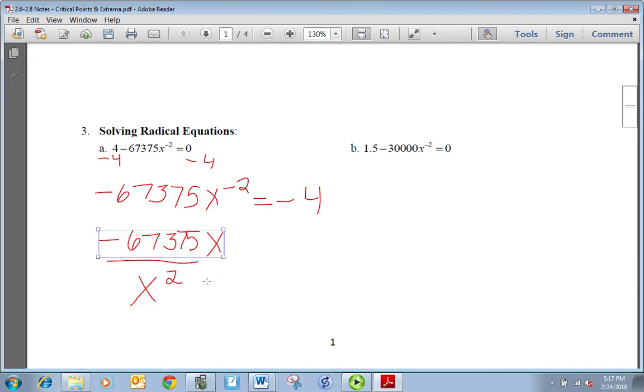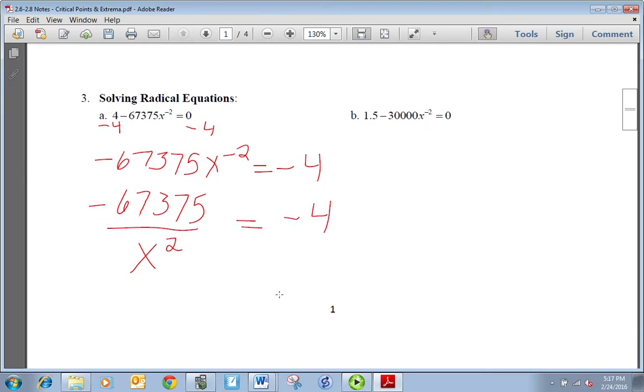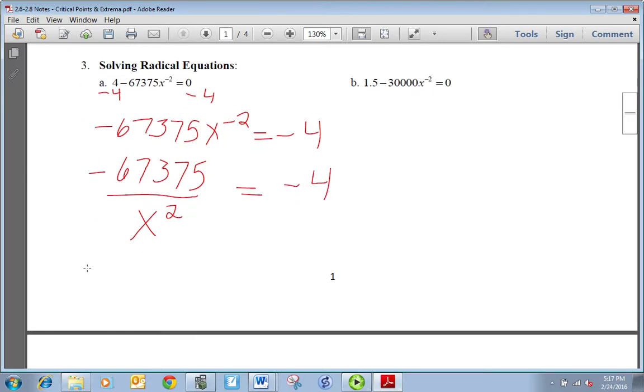Equals negative 4, and you don't want your x to be in the denominator, so we multiply both sides by x squared, and we get negative 67,375 is equal to minus 4x squared.